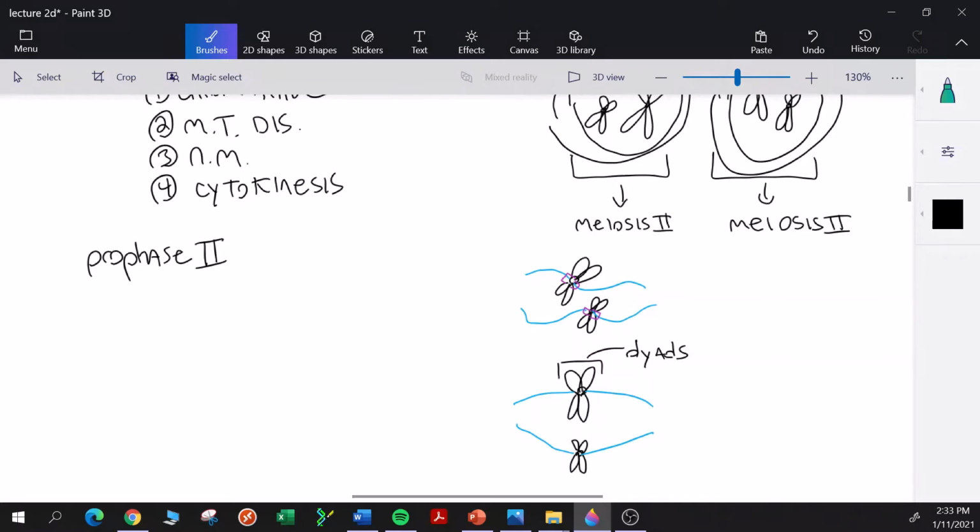So during prophase II, now this is very simple compared to prophase I. Essentially, if the chromosomes did decondense in telophase I, they will recondense. So the chromosomes condense, the nuclear membrane breaks down, microtubules attach to kinetochores. And you can see I have that diagrammed here.